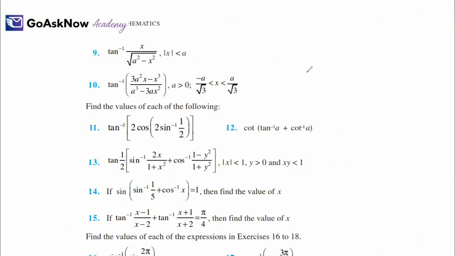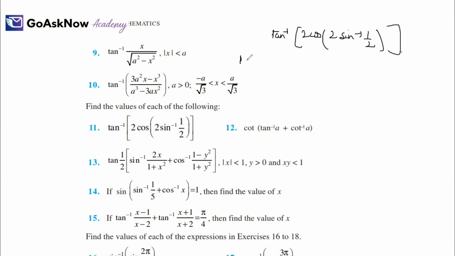So what is the formula of 2 sine inverse x? Here we have tan inverse 2 cos, and inside it 2 sine inverse 1 by 2. This is the function, and you have to find the value of 2 sine inverse 1 by 2.